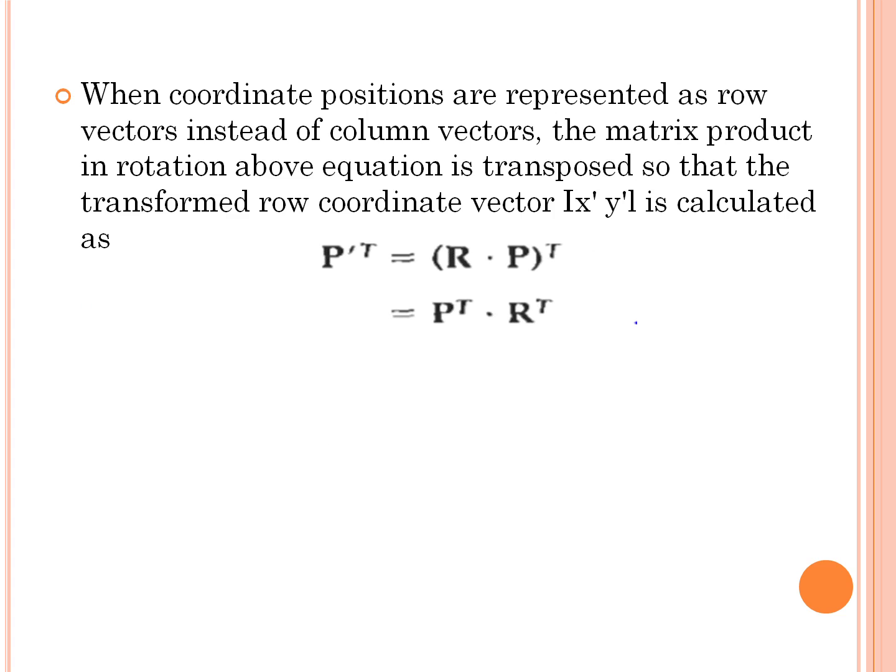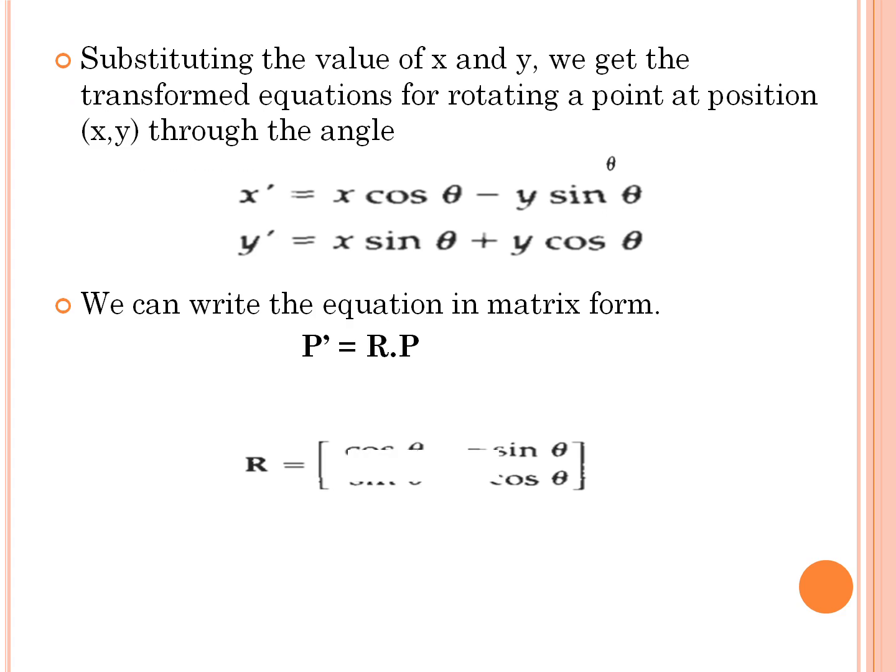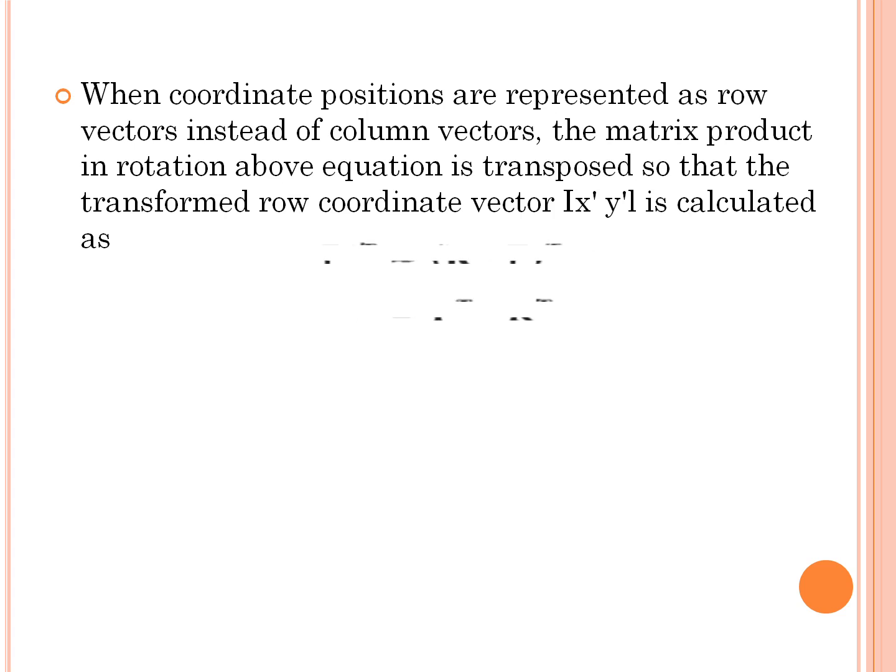Now, in the previous slide the coordinate positions are represented as row vectors instead of column vectors. Suppose we represent the vector as a column vector, then the matrix product in the rotation equation is transposed.